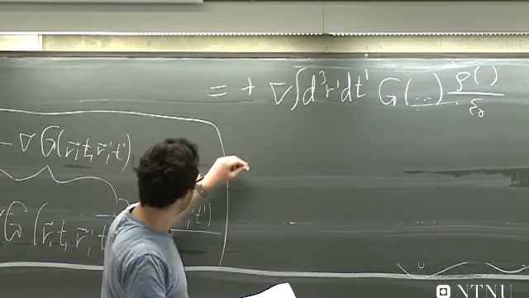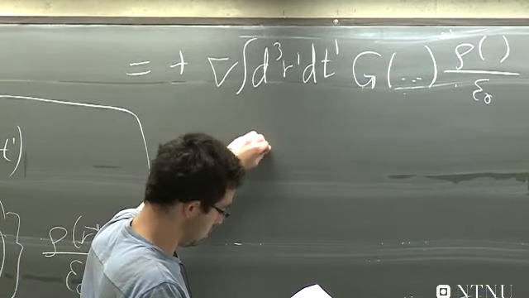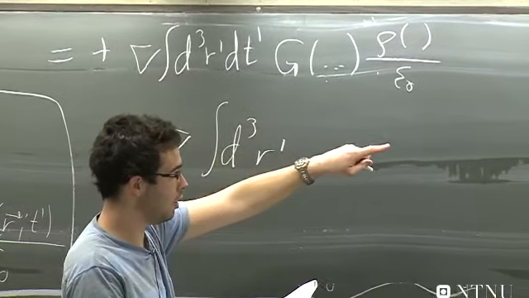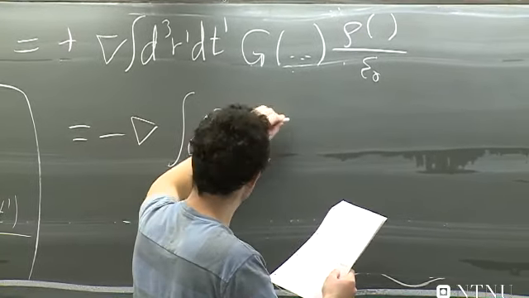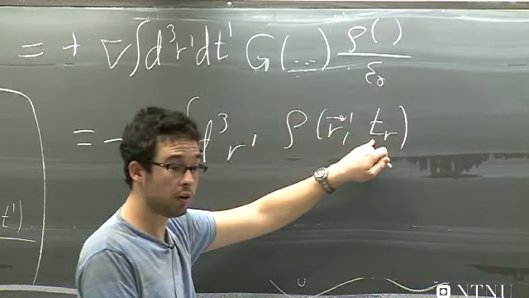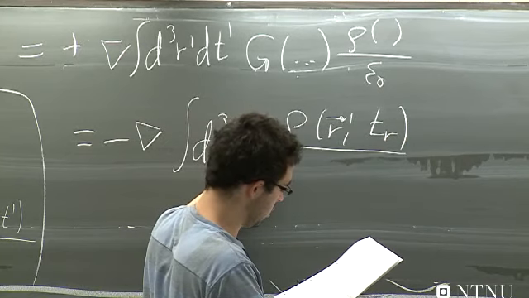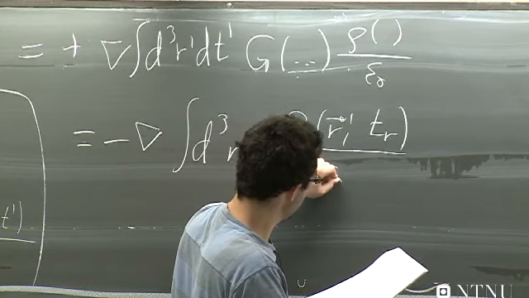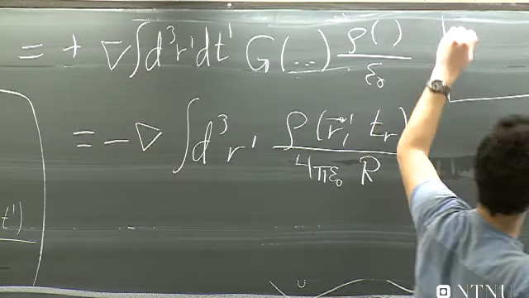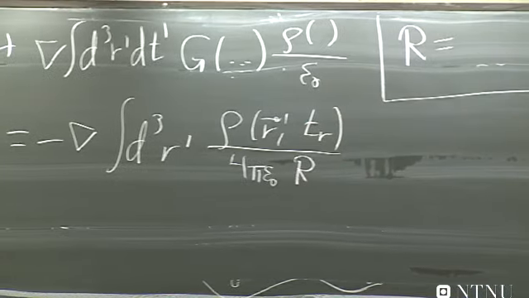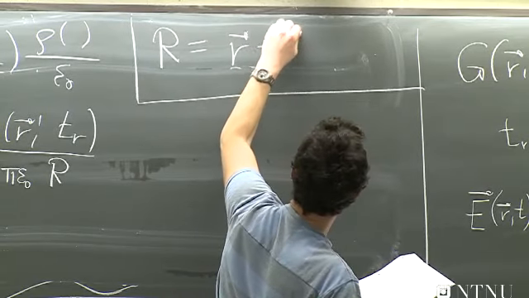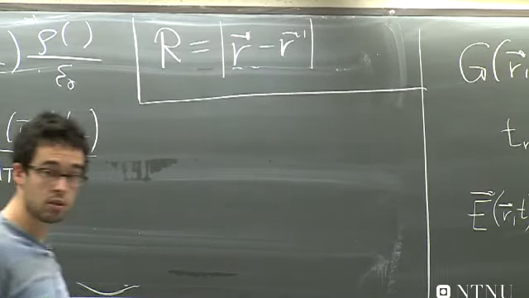Meaning that we get out minus the gradient, d3 r prime. I simply insert the Green's function, and the delta function gives me out rho of r prime, t_r, the retarded time, over 4 pi epsilon naught R. And as always, R is equal to this distance, r minus r prime, like this.